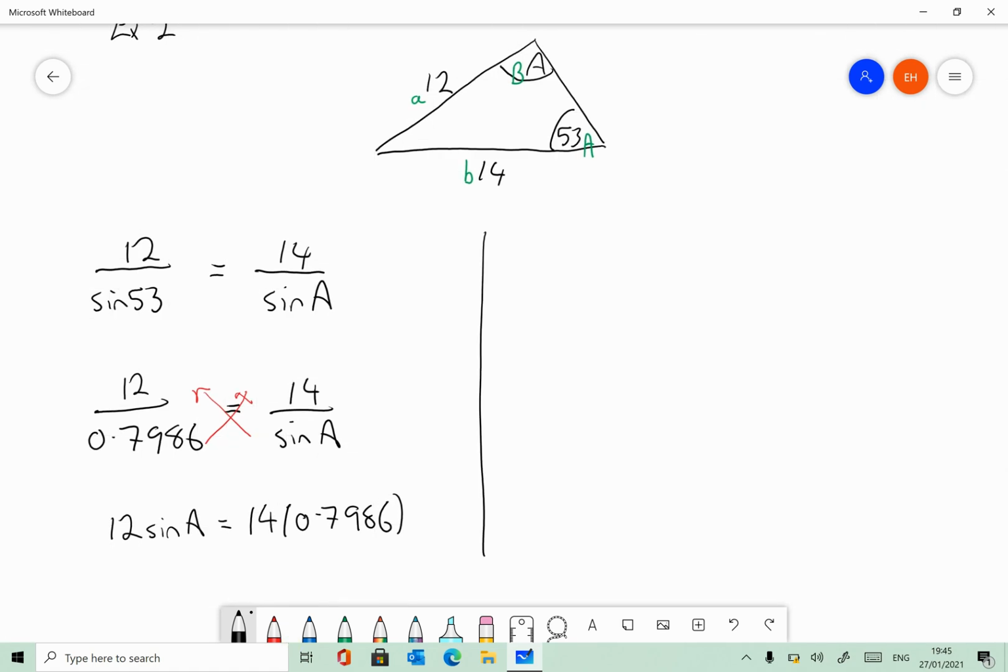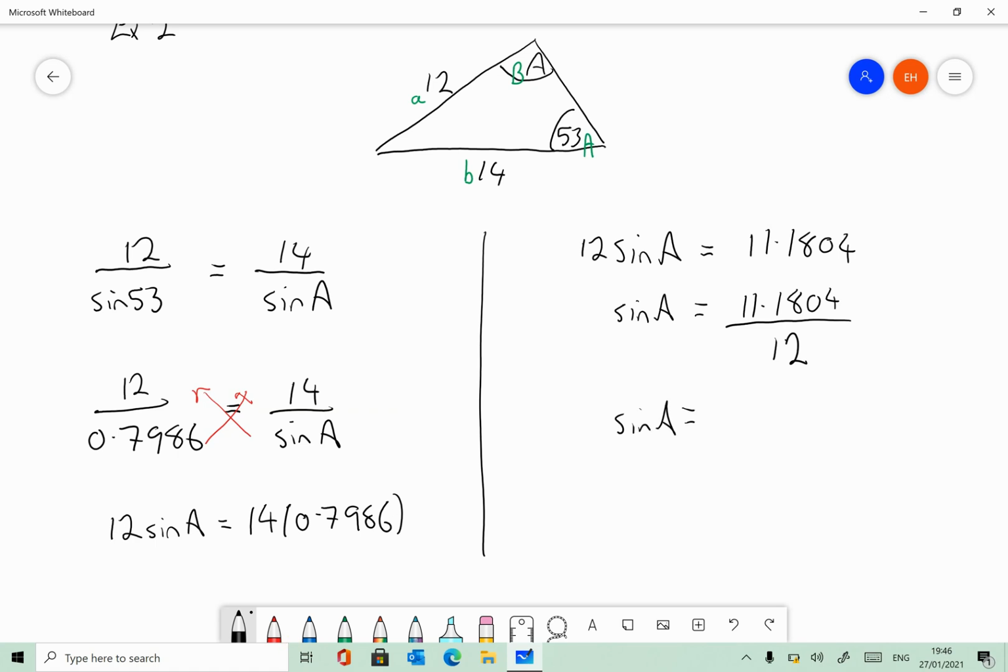I will now call that 12 sine A is equal to 14 multiplied by 0.7986, which is equal to 11.1804. So sine A is equal to 11.1804 all over 12. Sine A is equal to 0.9317.